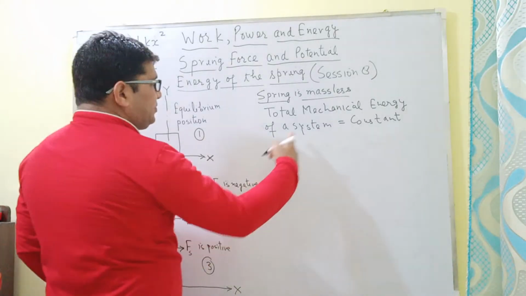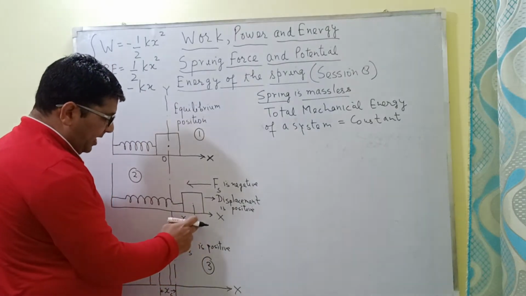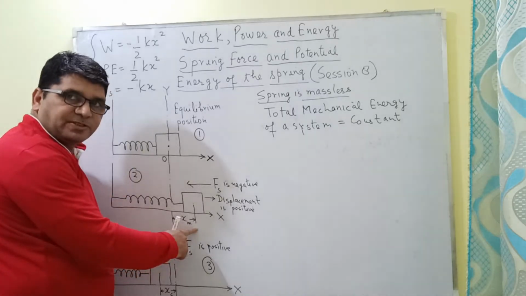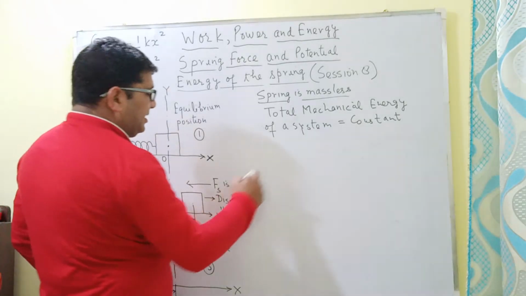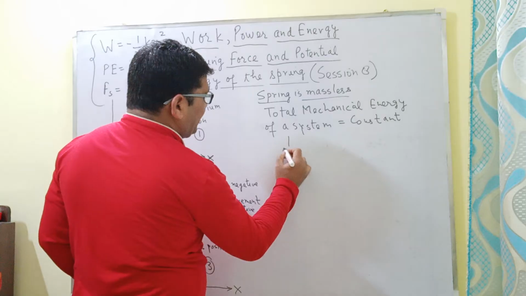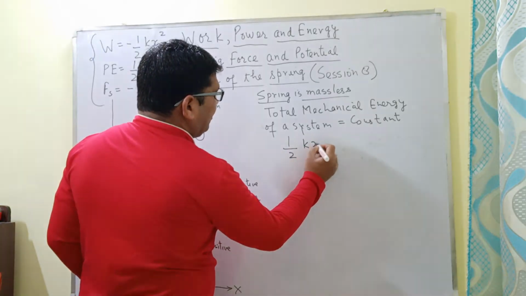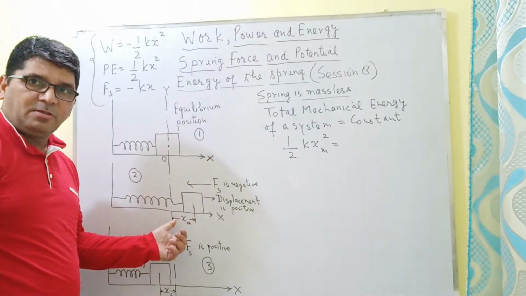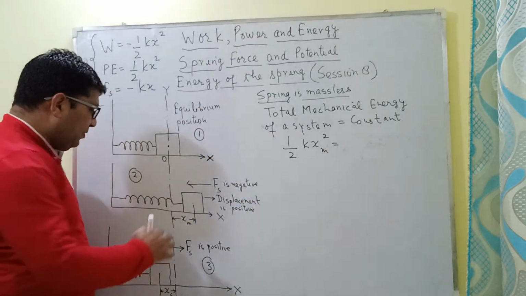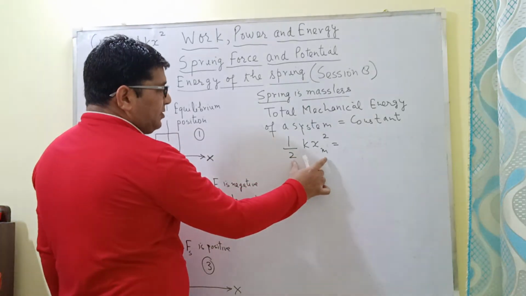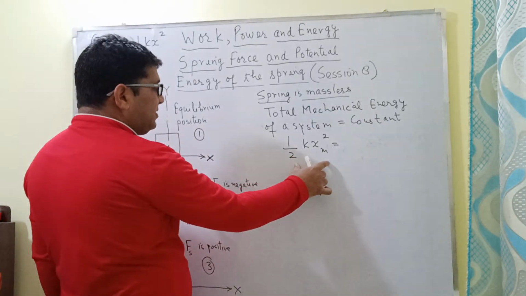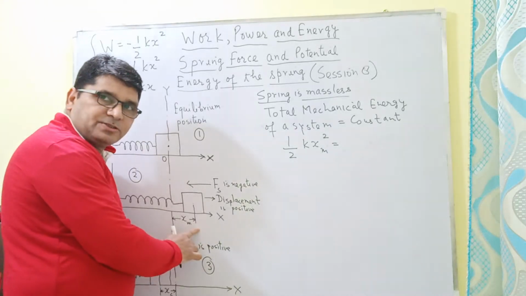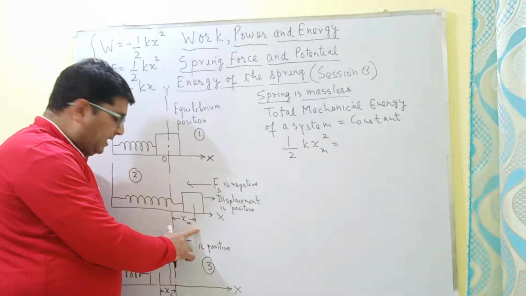So if the total mechanical energy of a system is constant, then when this block is displaced by xm, at this position it will be having only the potential energy, which is given by half k xm square. This is the total mechanical energy of this system when this block is displaced by xm.